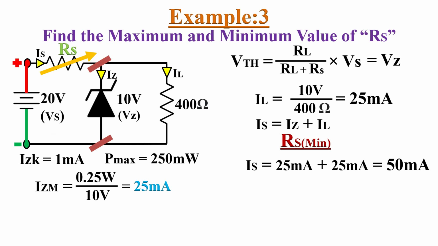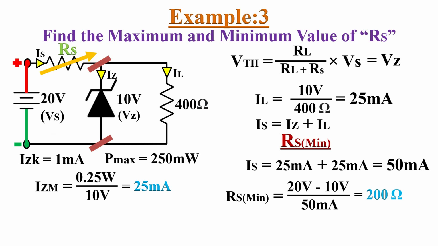That gives 50 milliamperes of source current. So Rs minimum equals voltage drop across Rs, that is 20 volts minus 10 volts divided by source current of 50 milliamperes. That gives 200 ohms of series resistance value.